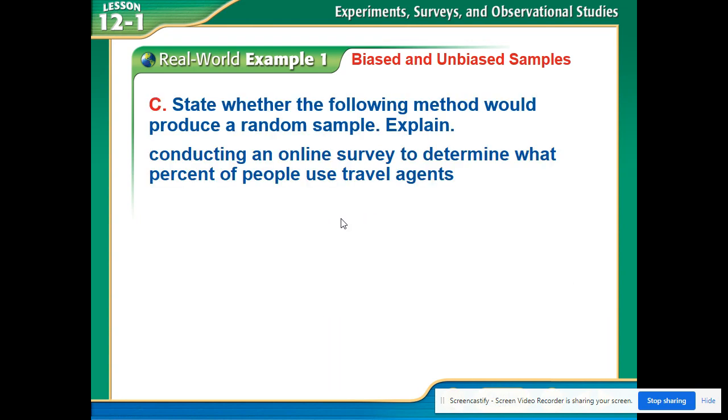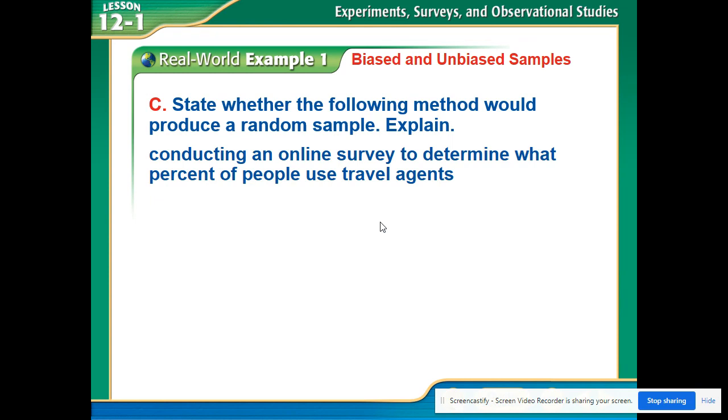Conducting an online survey to determine the percent of people that use travel agents. I could see both ways on this one. This one could be no, because you're not asking anyone in particular, just everyone that's online. But if you know a little bit about travel agents, the biggest thing putting travel agents out of business is that you can do a lot of things with online booking.